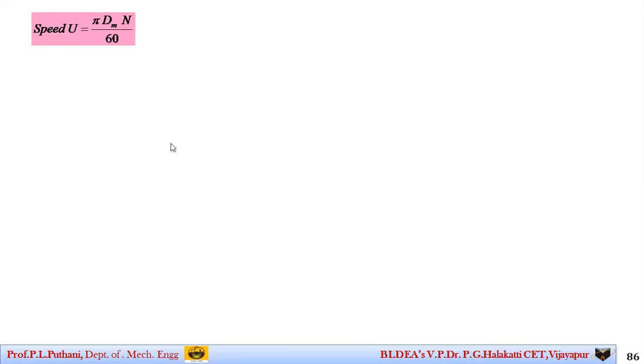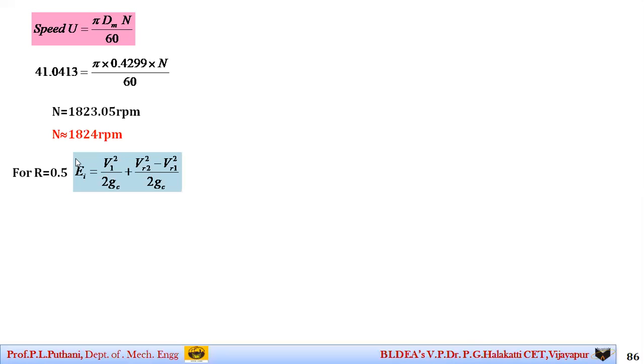So using your speed equation, that is u is equal to pi dm n by 60, you can find out the value of n as how much? It is 1823.05 rpm. As the value of n, it should be a round number. We take it as approximately 1824 rpm.